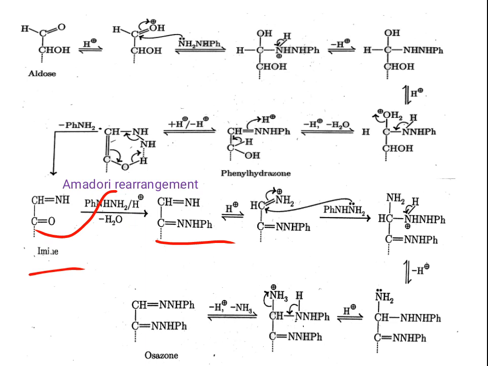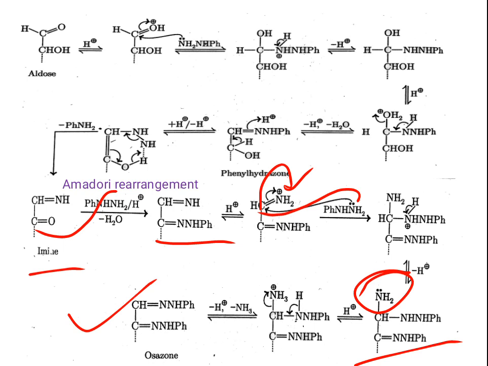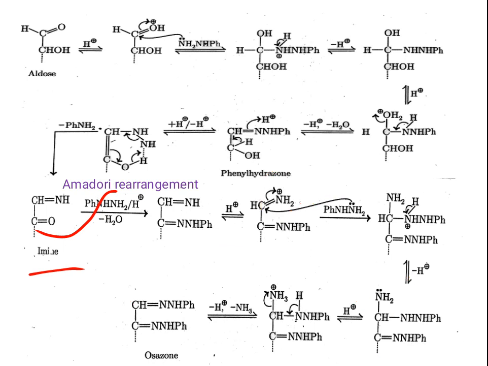Then the third molecule of phenyl hydrazine, involved in the same reaction, will attack this carbon. Then this proton will be lost, and at last this will go out as ammonia and you will get the final osazone structure. So look at this mechanism very carefully.